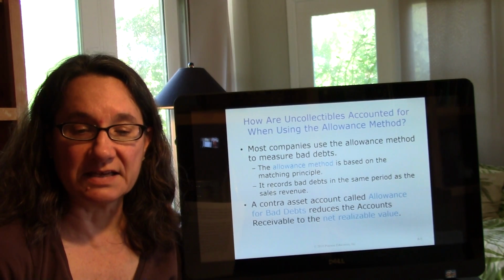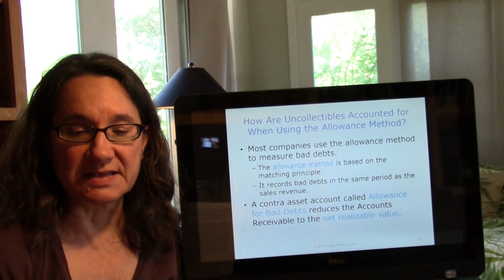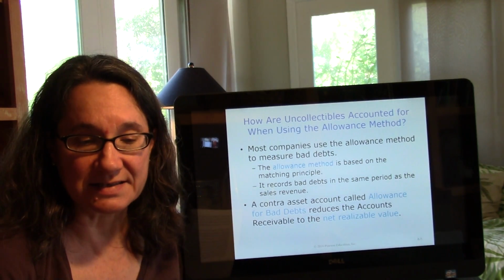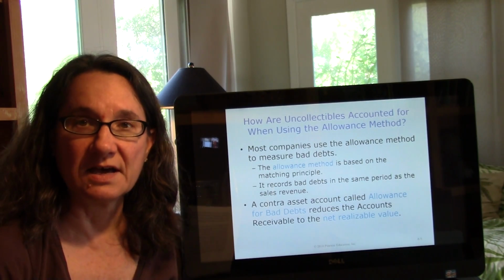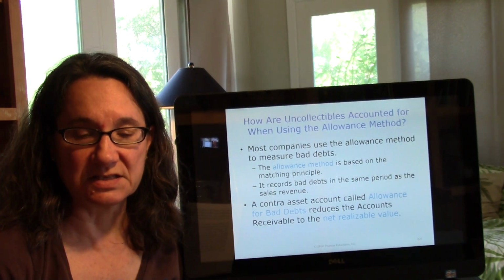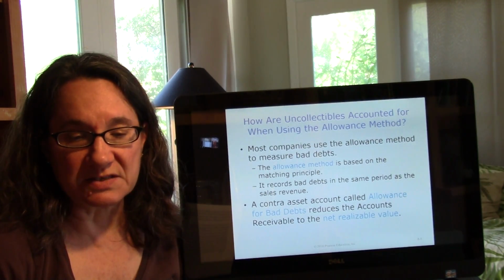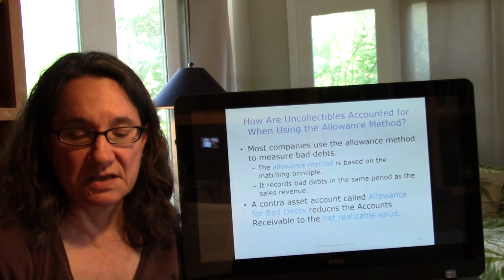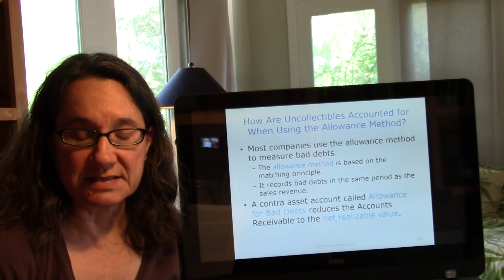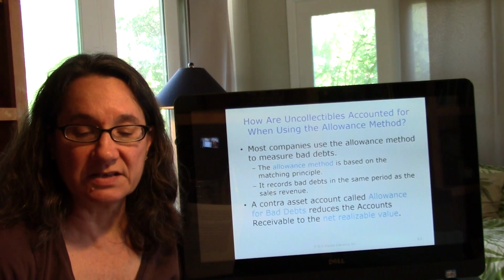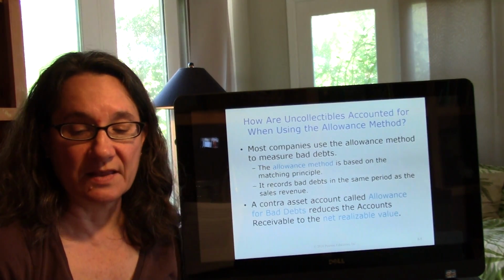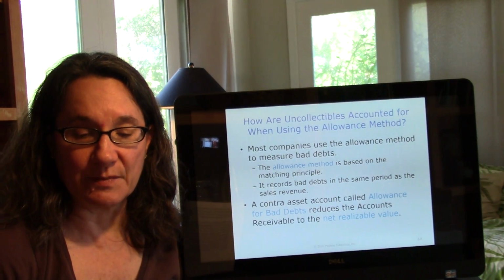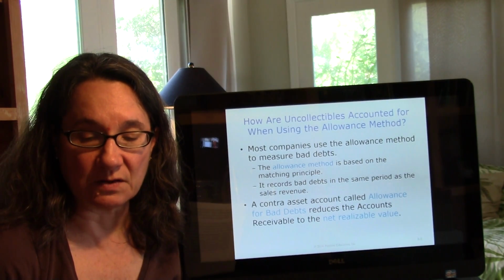The offset to the expense is a contra asset account called allowance for bad debts or allowance for doubtful accounts. The allowance for bad debts is a contra account related to accounts receivable that holds the estimated amount of uncollectible accounts.